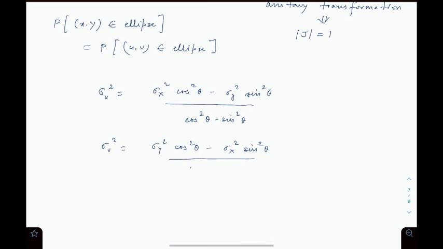Or alternatively, you can also write these as follows.